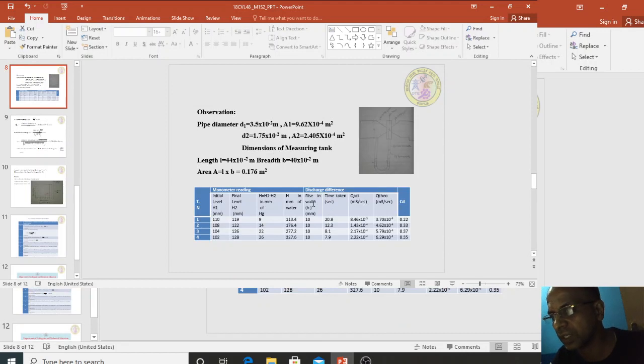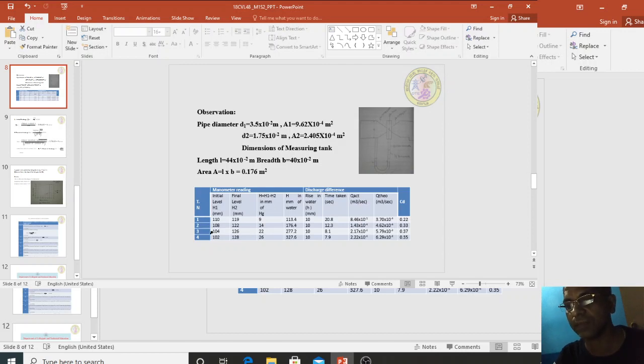So we are keeping the rise of 10 mm as constant. For that, 20.8 seconds it takes to collect the water for a 10 mm rise in the tank of dimension 44 into 10 to the power of minus 2 by 40 into 10 to the power of minus 2. So Q actual, Q theoretical, we already discussed the formula, you substitute it. Q actual divided by Q theoretical, if we do it, we get 0.22.